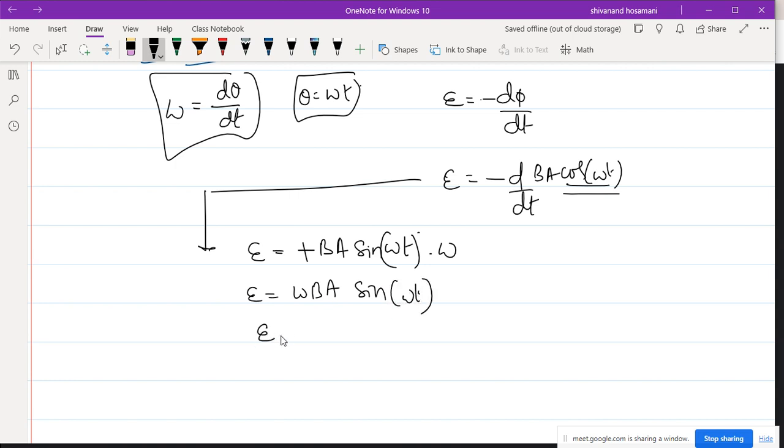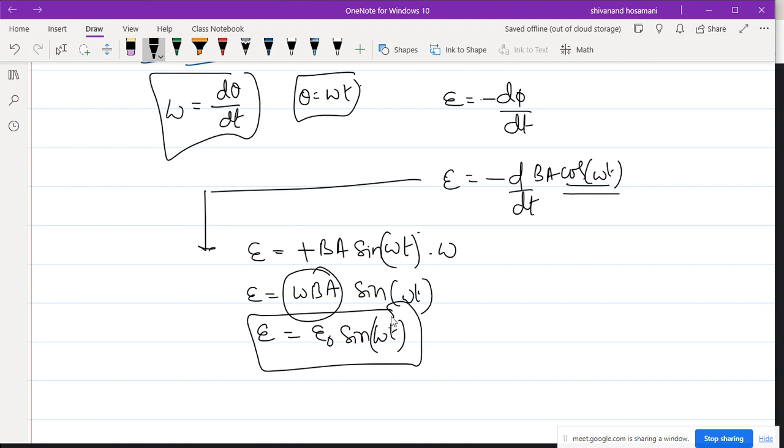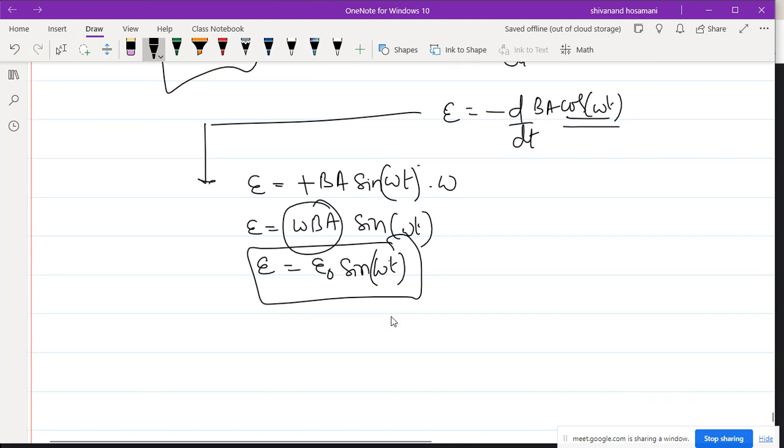I will redefine this as EMF naught sin omega t. From this you can see that the EMF induced in the coil due to its rotation in the uniform magnetic field is always a sinusoidal EMF. As EMF is sinusoidal, automatically current is also sinusoidal.